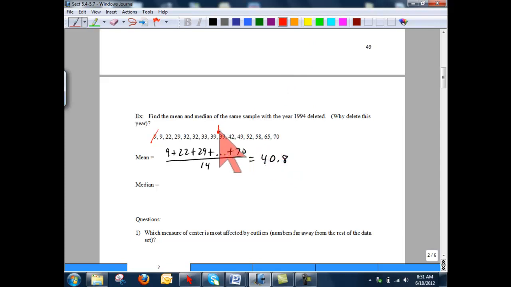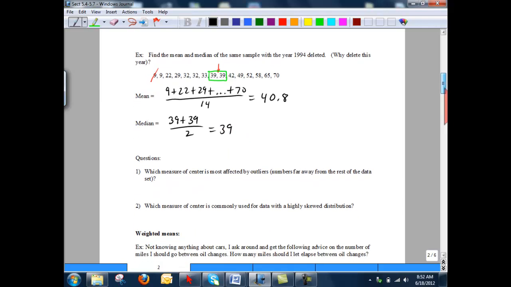In fact, the middle falls right between these two 39s. So you may remember from before, if you have that situation, then what you're supposed to do is take the mean of the middle two numbers. If there's an even number of data items, the median is defined to be the mean of the middle two. And so I should take 39 plus 39 divided by 2. Of course, that's just 39.